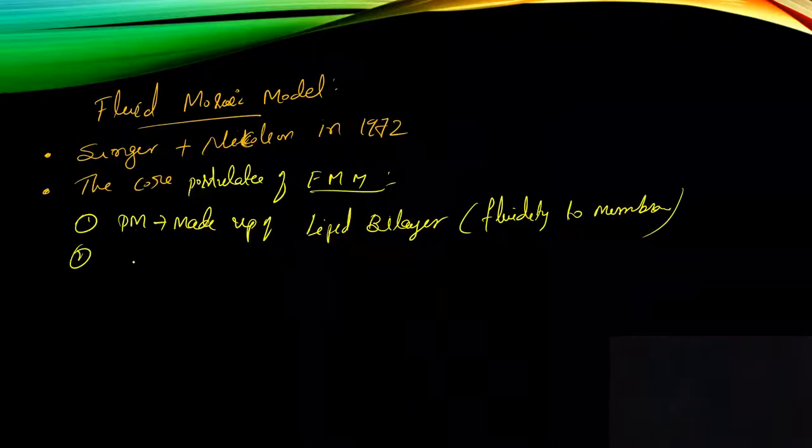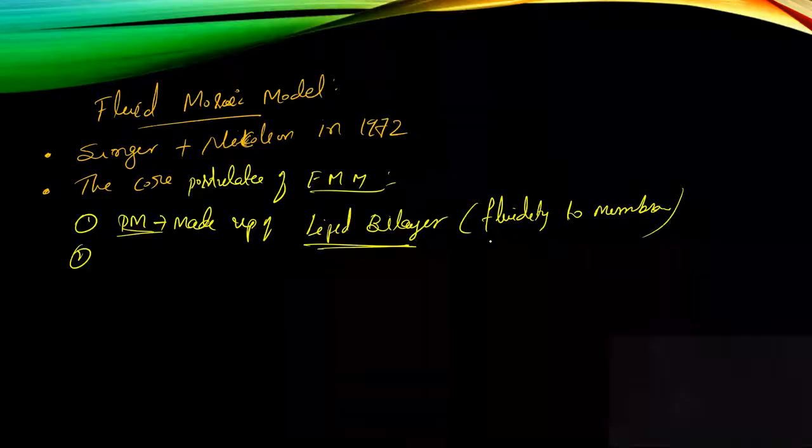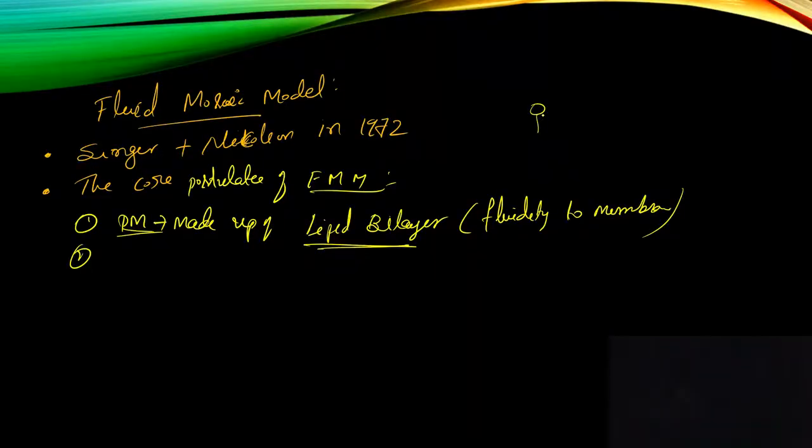We already discussed that. Lipid bilayer means this structure you already observed, and because of this arrangement, it provides fluidity to the plasma membrane.